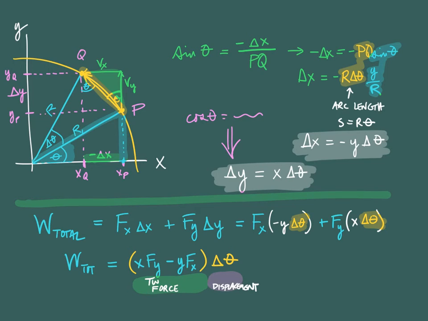This is a twisting force, or it's a geometric interpretation of a twisting force. And forces that produce twisting produce angular displacement. So I still have force times distance, conceptually speaking. Except my force now is a twisting force instead of a linear force, and my displacement is angular instead of linear.